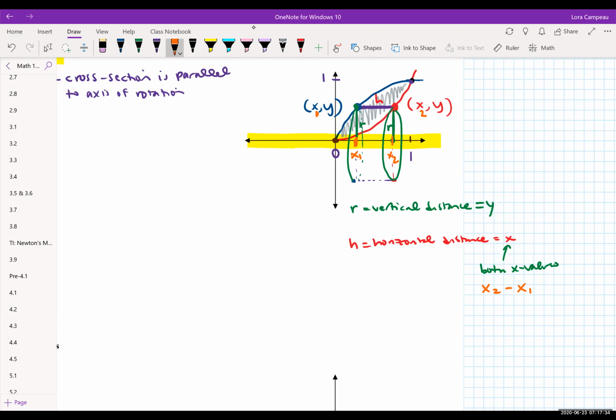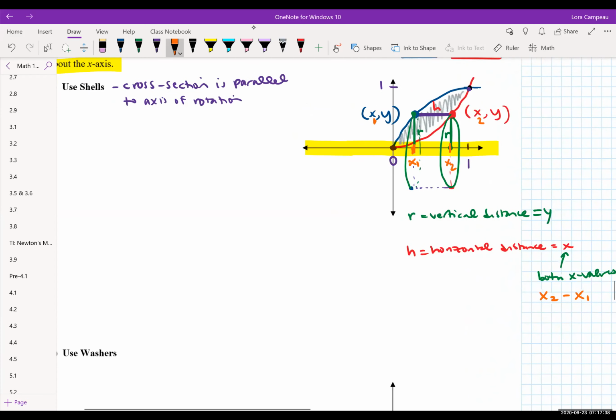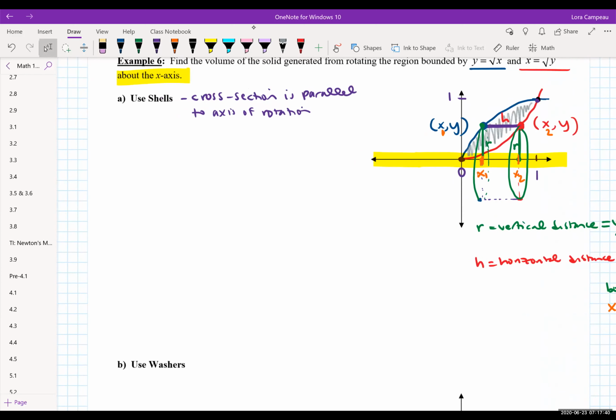Okay, so let's go back and see if this matters or not. First thing, volume of 1. So volume of 1, we have 2 pi r h times thickness. And if we remember our thickness, right away, if we are parallel to the x-axis, we're slicing up the y-axis.